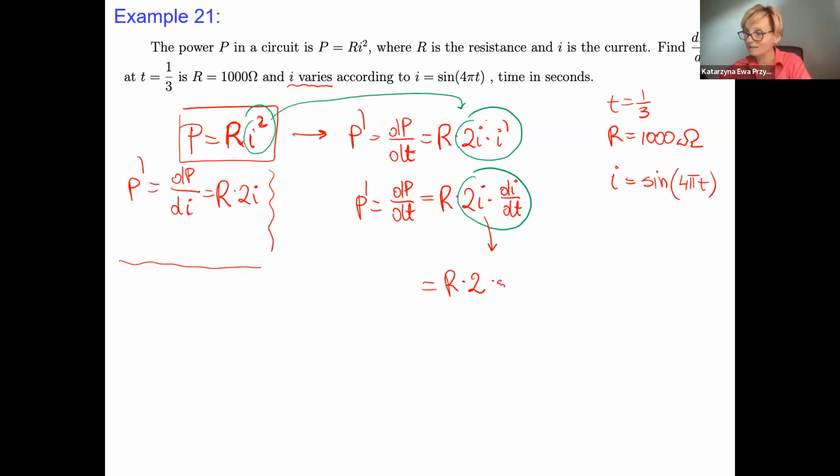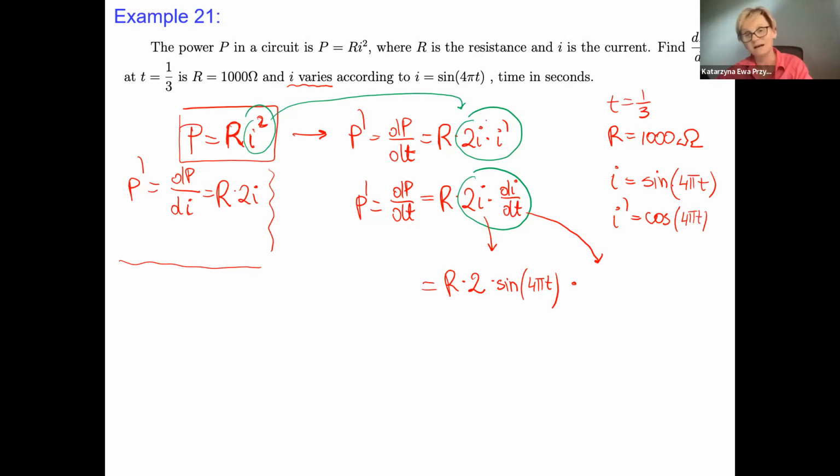I is defined as sine of 4 pi t, yes, thank you, Elliot, for typing. Now this is the main point: what is I prime, the derivative of I with respect to t? What is the derivative of the sine function? We learned today: cosine of the same inner function.